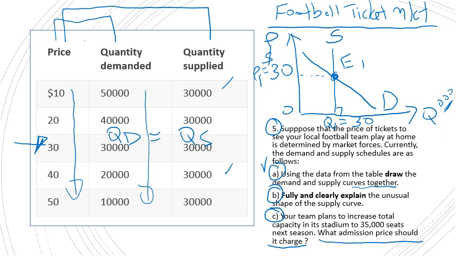Well, the implication here is that supply, this is S1, would increase. So it would be a rightward shift of the supply curve from S1 to S2. So this would have meant a new equilibrium, E2, and a lower price.